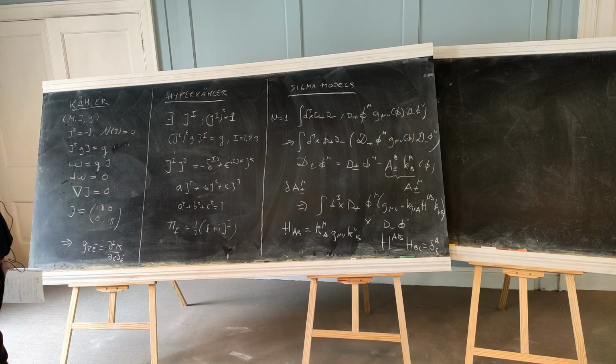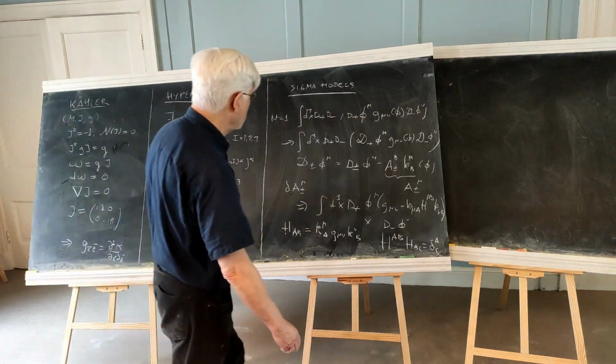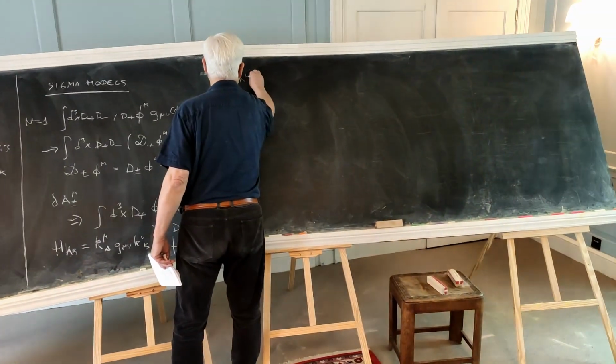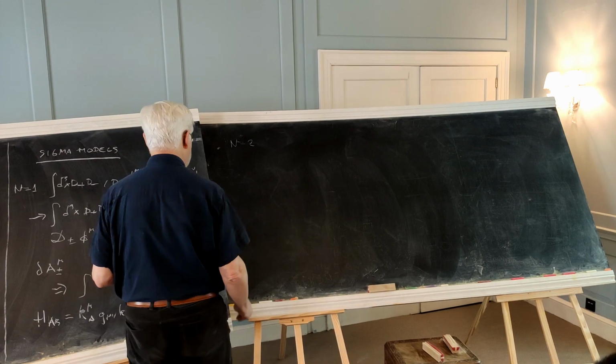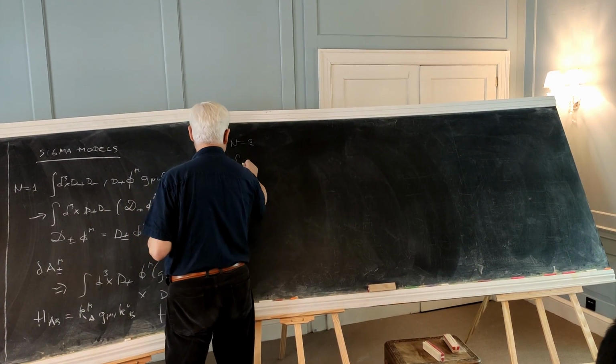But on the other hand, an N equals 2 sigma model is where we start running into intricacies.